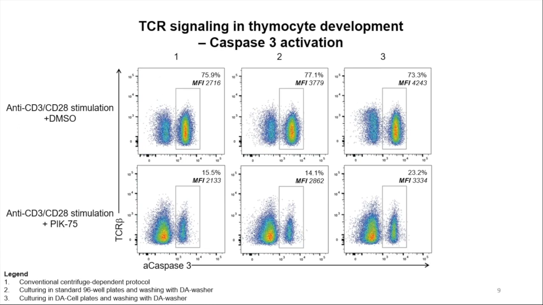And in one of our inhibitor-treated samples, in this case, the inhibitor PIK75, the caspase-3 levels were suppressed, indicating that this inhibitor does inhibit T cell activation. And once again, the MFI levels for the centrifugation-independent protocols were higher than the centrifugation-dependent ones.